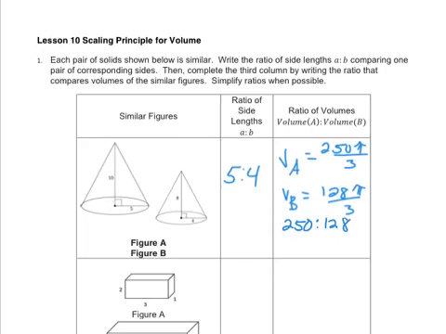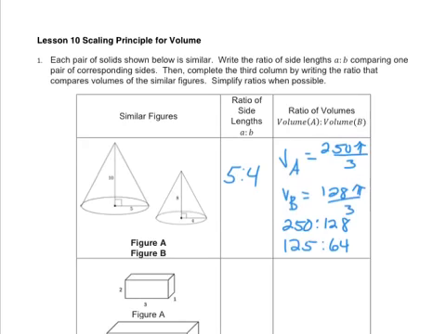If you were to reduce that down, you could cut each of these in half, and it's going to reduce down to 125 to 64. So you might not realize the relationship between 5 and 125 and 4 and 64, but 5 cubed is 125 and 4 cubed is 64.